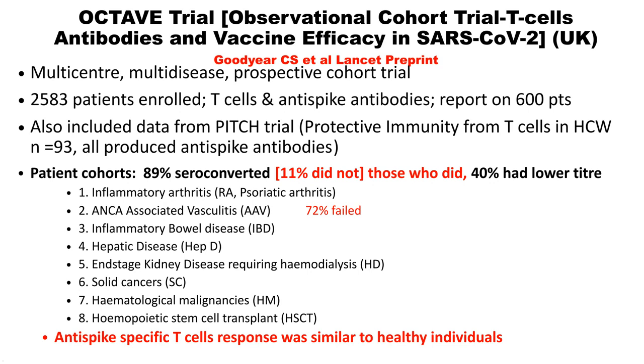And they found that 11% of them did not produce any titer, and 40% of them had lower titers than healthy persons. Anti-spike T-cell response was similar in immunocompromised patients as well as healthy patients. So it indicated that the increased susceptibility that they have is because of lack of production of antibodies.